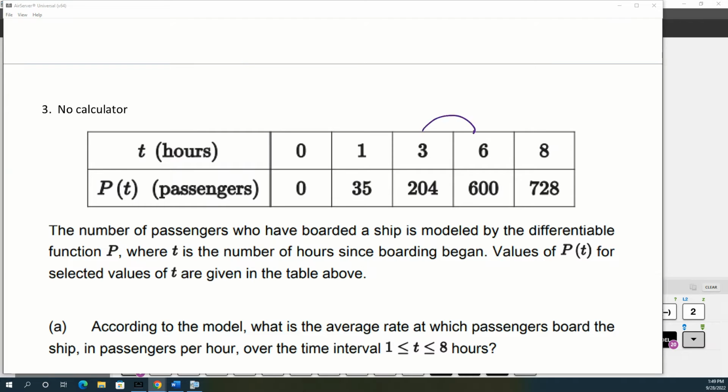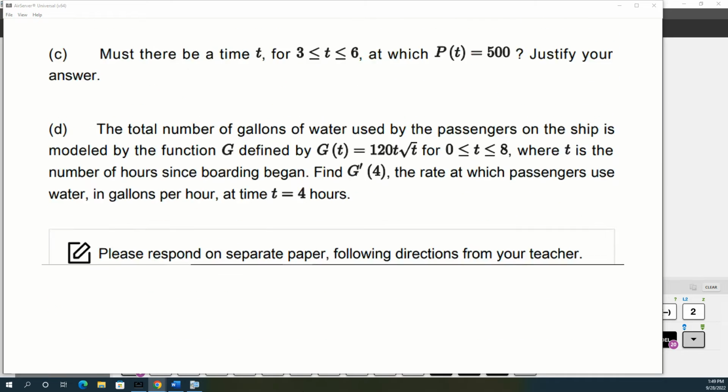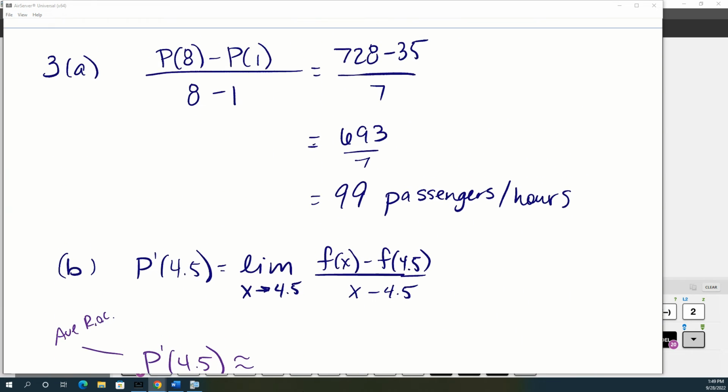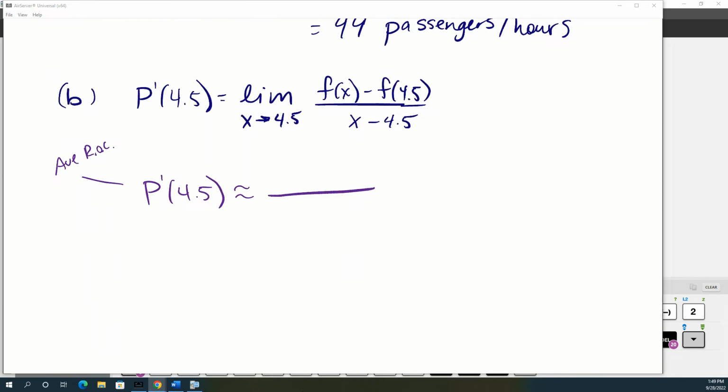And so the best ones are going to be the ones that are closest to 4.5. So we would do p of 6 minus p of 3. I need to go back and fix something. Over 6 minus 3.